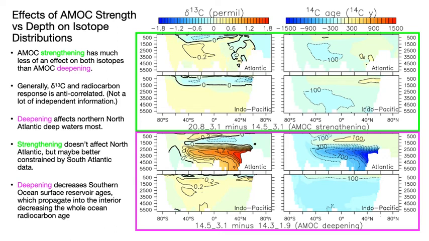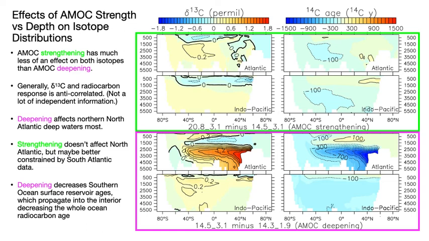If we just look at C13 on the left first, we can see very small effects of the AMOC strengthening on C13 distributions. In the deep ocean we see a maximum of 0.2 per mil increase in C13 in the South Atlantic, but mostly the changes are smaller than 0.2 per mil in most of the rest of the ocean. Similar for radiocarbon age, the radiocarbon age decreases a little bit in the southern South Atlantic and in the Indo-Pacific Ocean by about 100 radiocarbon years.